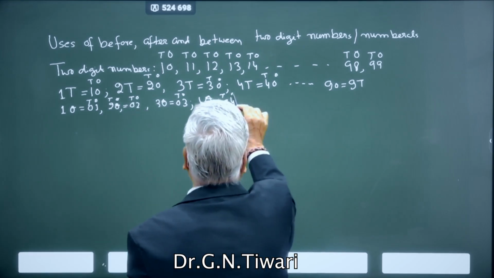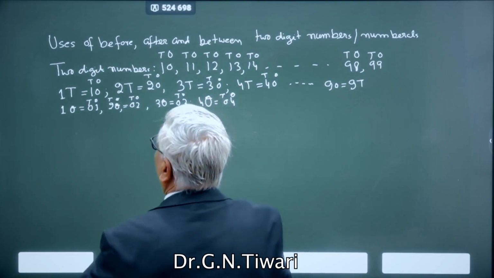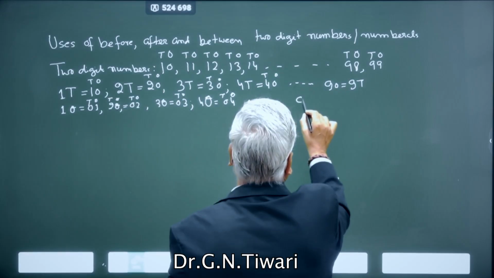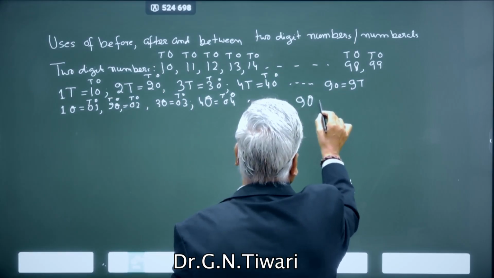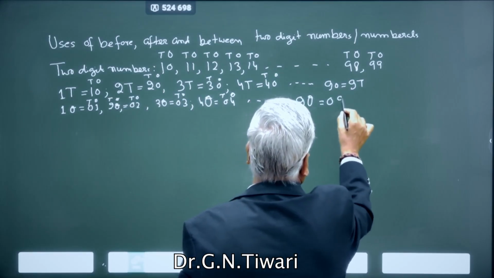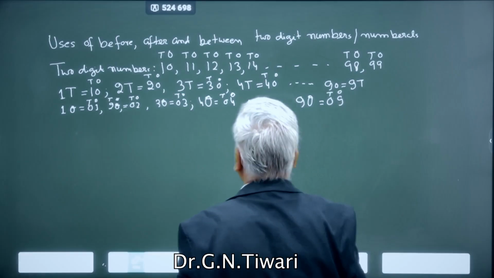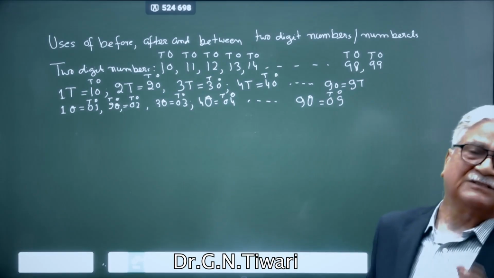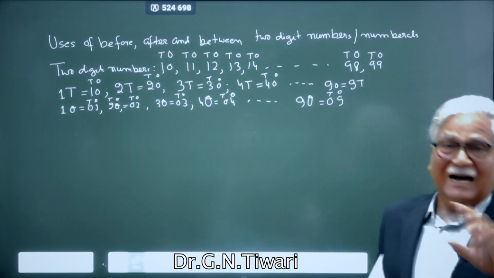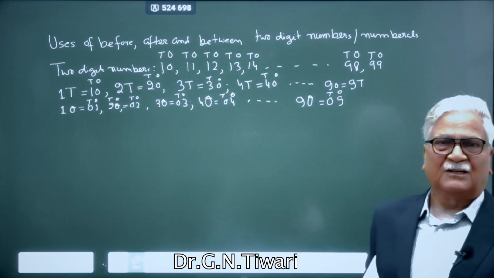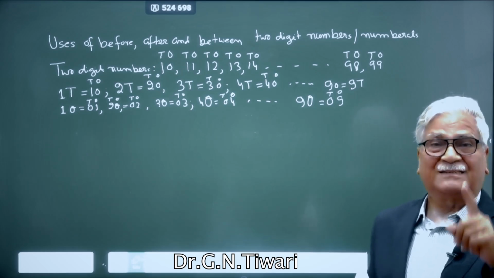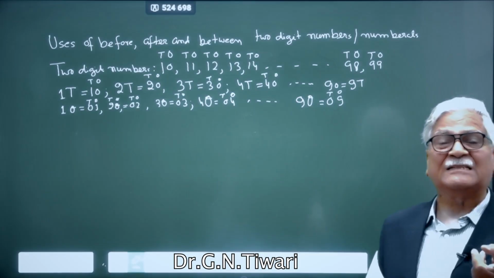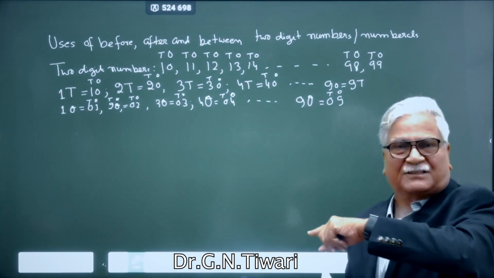So it will be clear that this is O. Similarly, it can go up to 9O, which is equal to 0, 9, O and T. This is not a definition, this is the fact. Ask the students to practice so they can remember always that 1T means 10 and 1O means 1, because it will be useful for addition and subtraction.